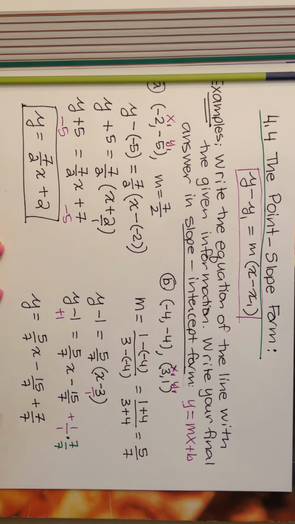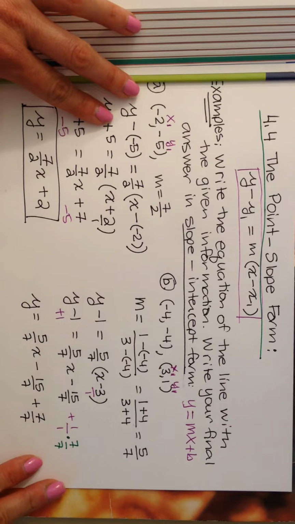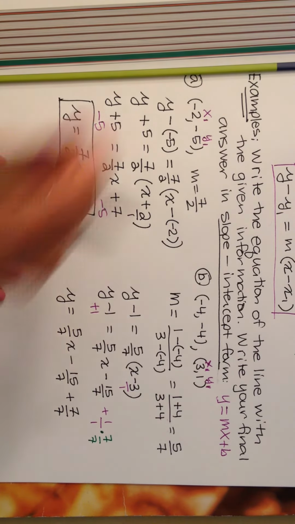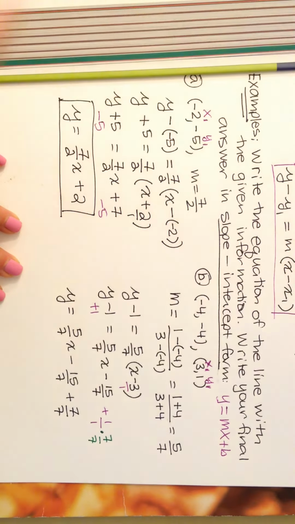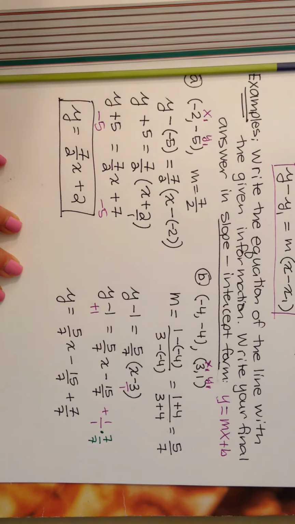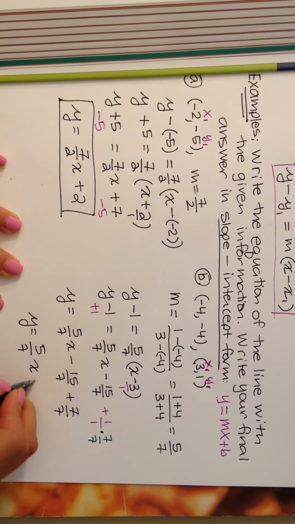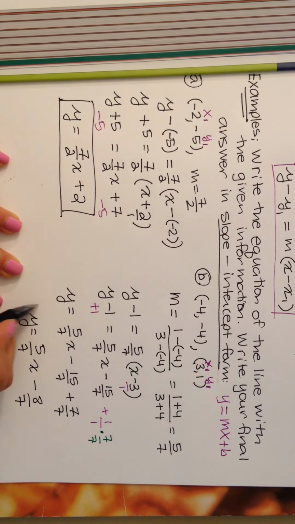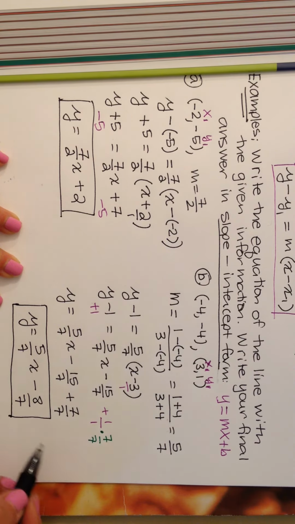And now just find minus 15 plus 7, and that'll give us our final answer. We have y equals 5 over 7 x minus 8 over 7, and that's now complete. That's our final answer. It's also in slope-intercept form.